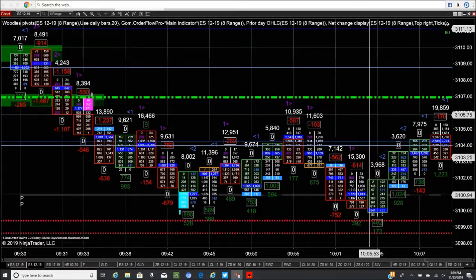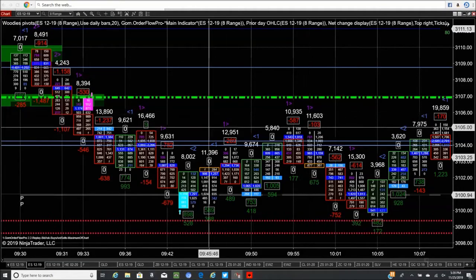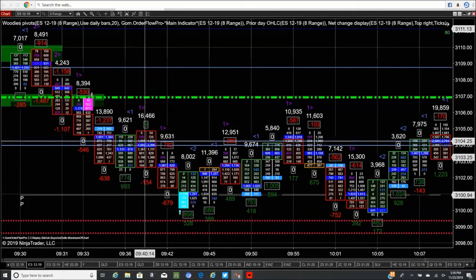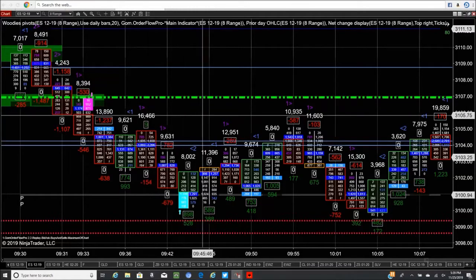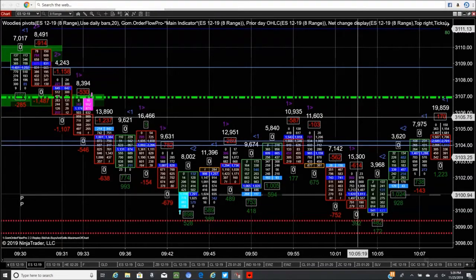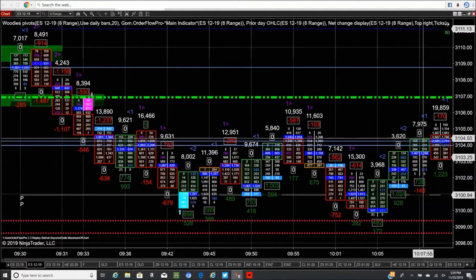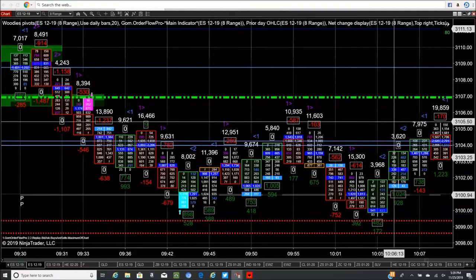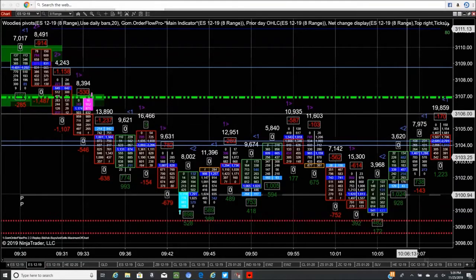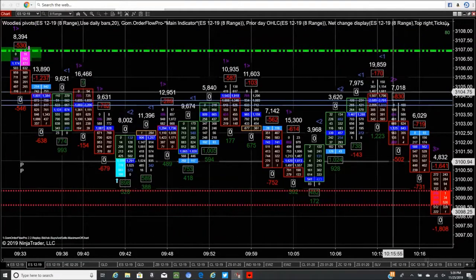And you know what that's telling you? That's telling you that this level is key. And because of that fact, you can be a little more aggressive. So let's take a look and see what happened after this divergence.